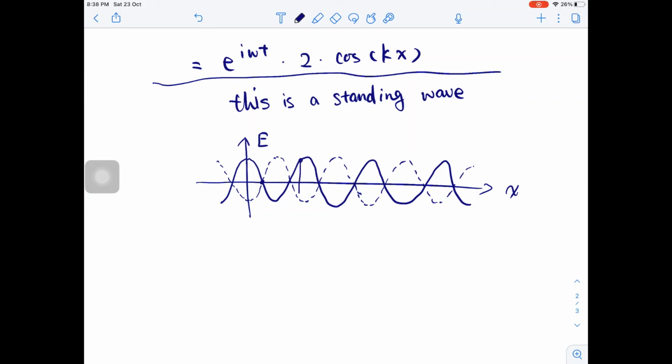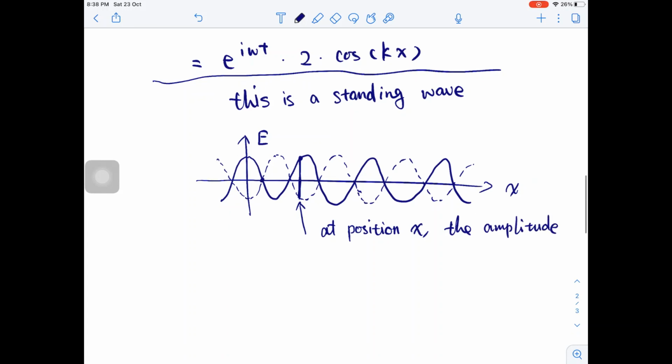And for a specific position, for example x, the amplitude is 2 times cos kx and oscillates at a frequency of omega.